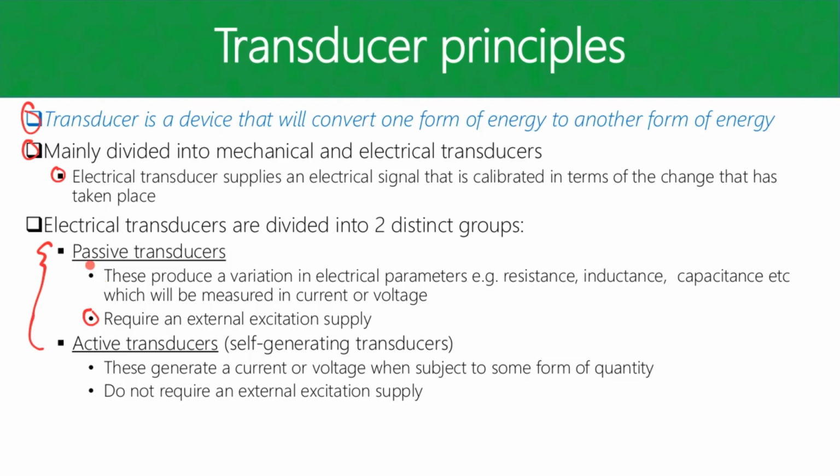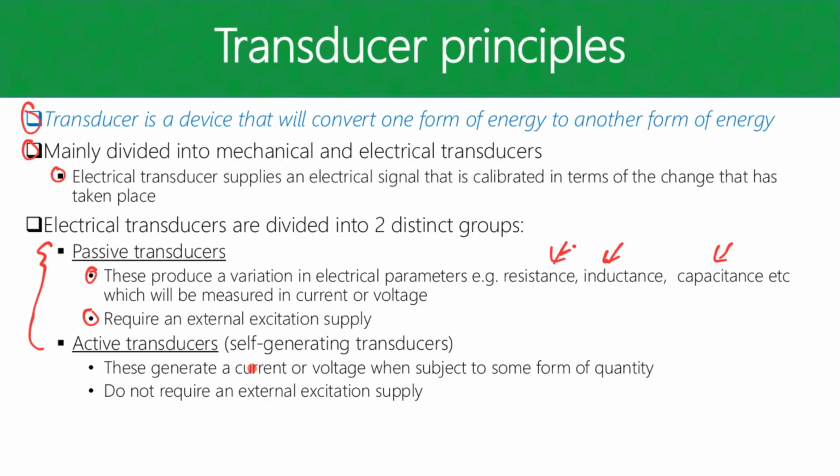Basically, how passive transducers work is that they produce a variation in some electrical parameter, usually in the form of resistance or inductance or capacitance, that we can then measure the voltage or current for that component. That's pretty much how that functions.